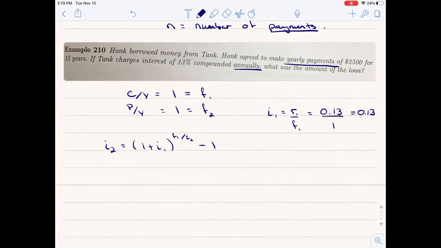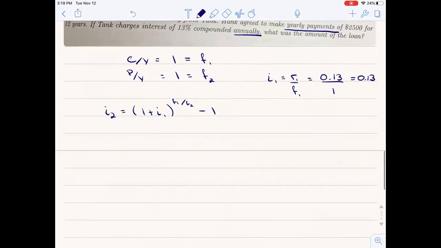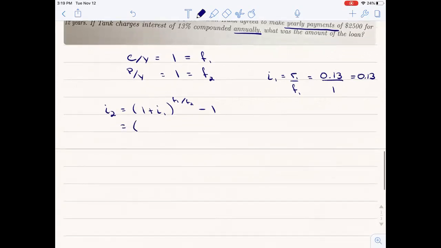And even if you say it out loud, going from compounding annually to compounding annually, you don't need to change anything. But as we saw last day, it actually doesn't change anything if we do the calculation. So we do 1 plus 0.13 to the power of 1 divided by 1 and then minus 1.